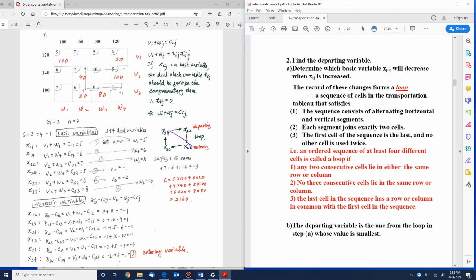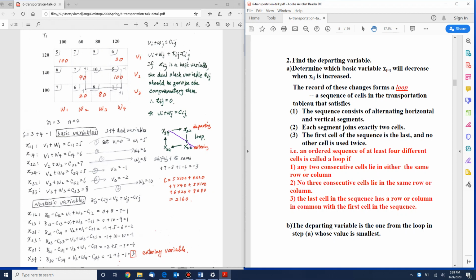How may I choose it? If you look at x34 as the entering variable, then suppose we shift 1 unit in that cell.